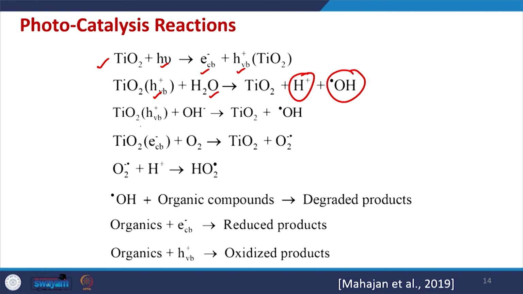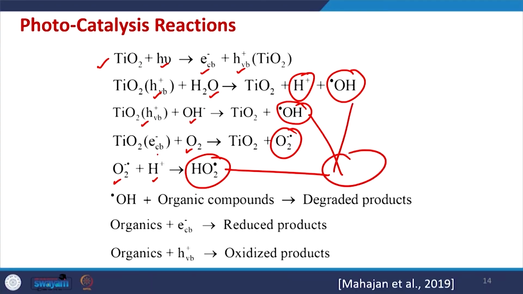Similarly, this hole interacts with OH minus, and again a hydroxyl radical is generated. Similarly, the electron in the conduction band interacts with oxygen which may be dissolved in the water to get this particular ion, and this ion again reacts with H plus to form another radical. So, these are the different possibilities of radical formation.